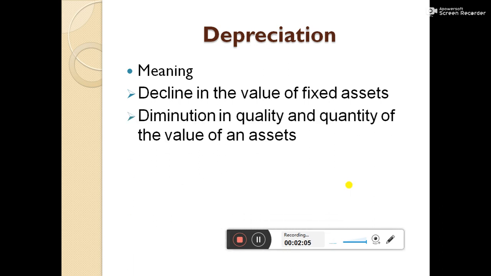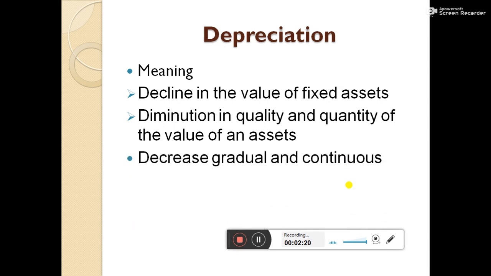Another definition of depreciation may be a permanent and continuing diminution in quality, quantity, or the value of the asset. It also states that depreciation is a gradual and permanent decrease in the value of an asset from any cause whatsoever.